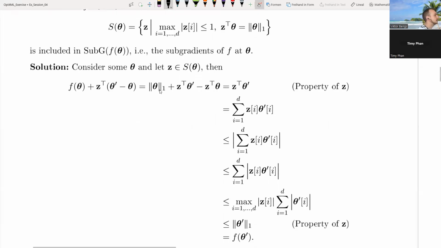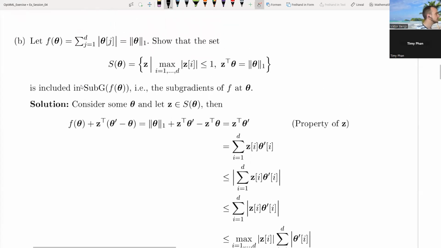Then let's have a look at this case. We start again with the linear function in theta prime, which is occurring in the subgradient property. We plug in what our function f is. So we have it here above. It's the L1 norm of theta. And we use here simply the law of distributivity, and we can write it like this.